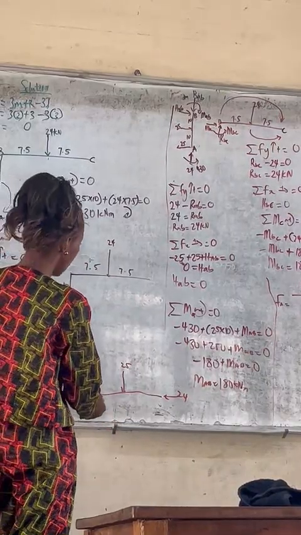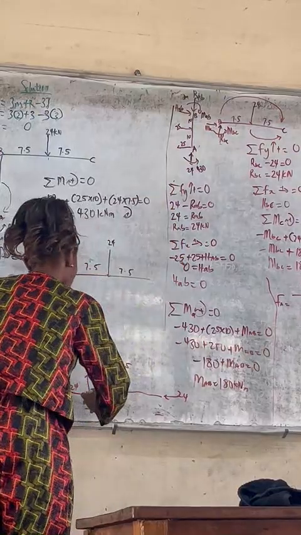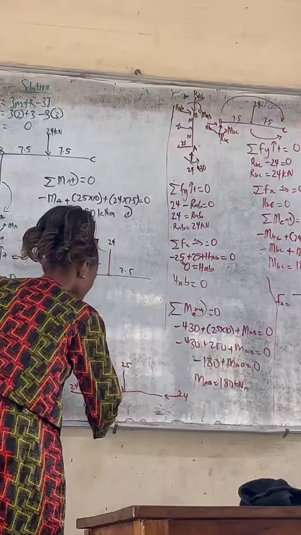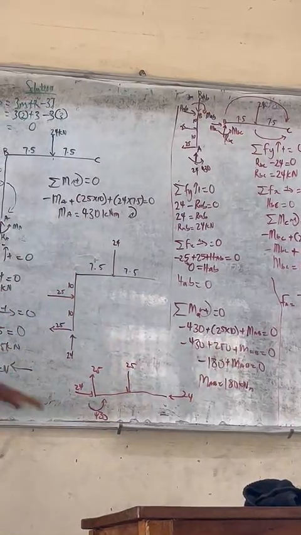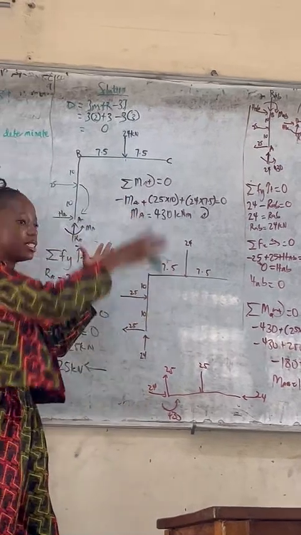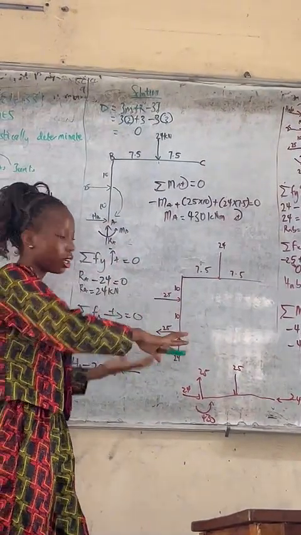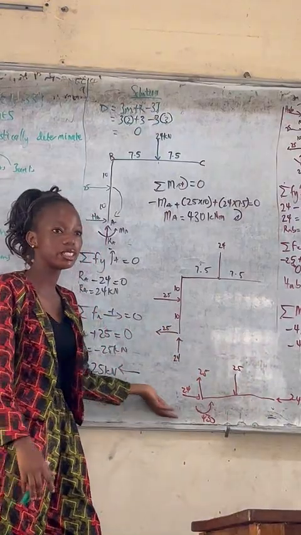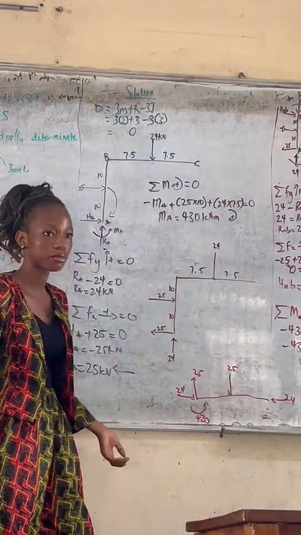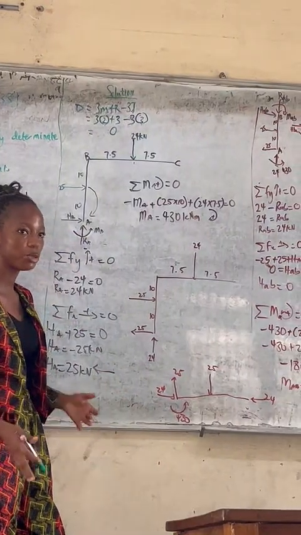Then we have the moment that is moving in the anti-clockwise direction. Do you understand what I did? I just tilted it. I didn't change any of the direction. I just tilted it so we can easily see our shear. Do you get that?